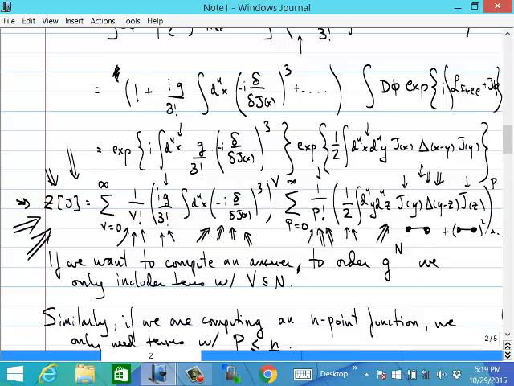I forget what that number is, but you'll get some big number in the denominator. But then you have all kinds of different terms that you need to add up. Maybe this would be a good thing for a problem set. You'll get all sorts of terms here, and you'll have 3 d by dj's that will need to act on the other j's that you have, and you could just write it all down completely explicitly.